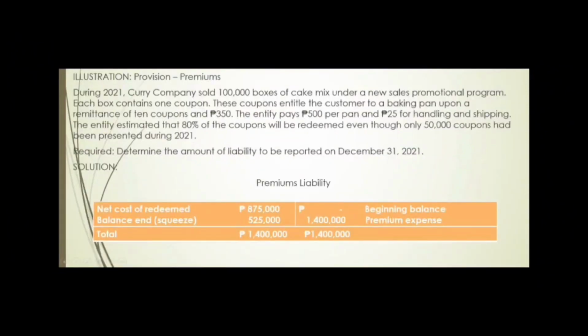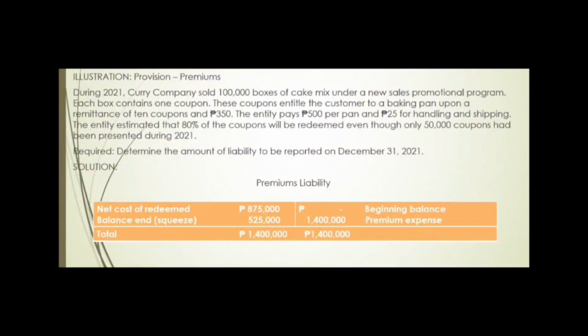Illustration, provisions premium. During 2021, Curry Company sold 100,000 boxes of cake mix under a new sale promotional program. Each box contains one coupon. These coupons entitle the customer to a baking pan upon a remittance of 10 coupons and 350 pesos.